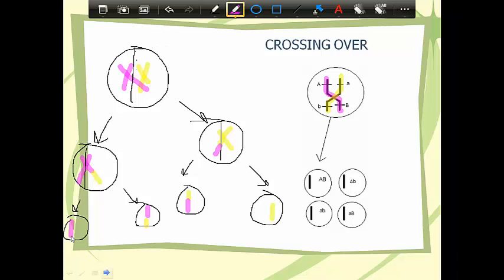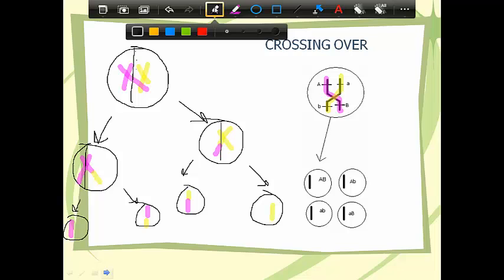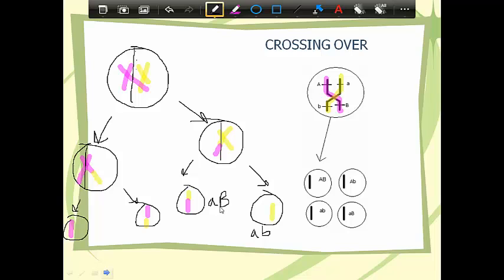And now remember what traveled with those chromosomes. The yellow one was originally little a, little b. This yellow one, we still have the little a, but now we've swapped it for a big B for the bottom. The pink chromosome was originally big A, big B. This other cell now has a big A with it, but swapped in was a little b from the yellow chromosome.